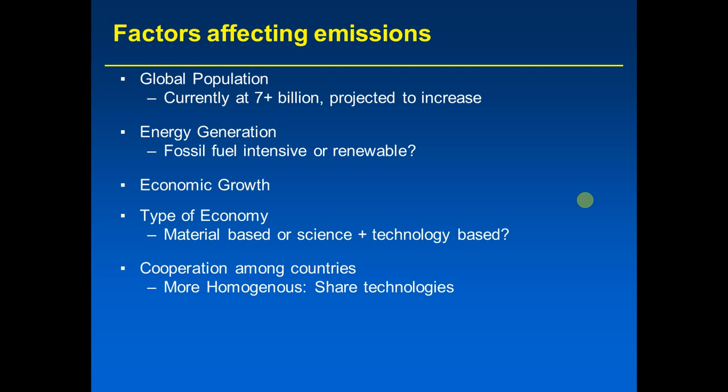Can information be shared, and then they can learn ways to reduce emissions? Okay, they can be exposed to renewable energy sources. They can be exposed to important medical information. Okay. Or do we live in a more isolated or heterogeneous world where there's a greater separation between the rich and the poor nations? So, these are some factors affecting emissions.